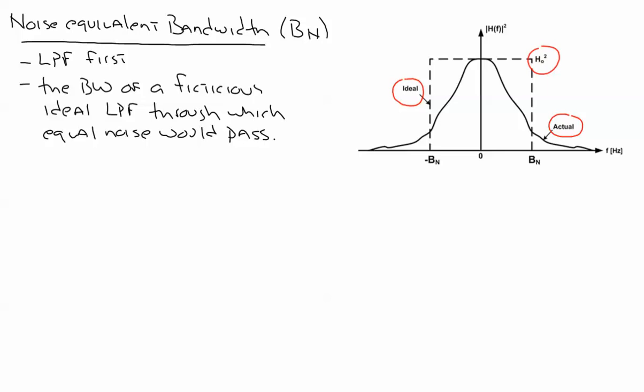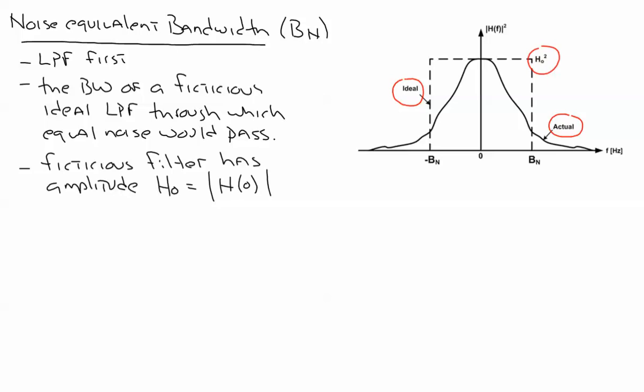Keep in mind that the ideal fictitious low-pass filter by convention will have an amplitude H0 equal to the modulus of my true transfer function evaluated at 0.